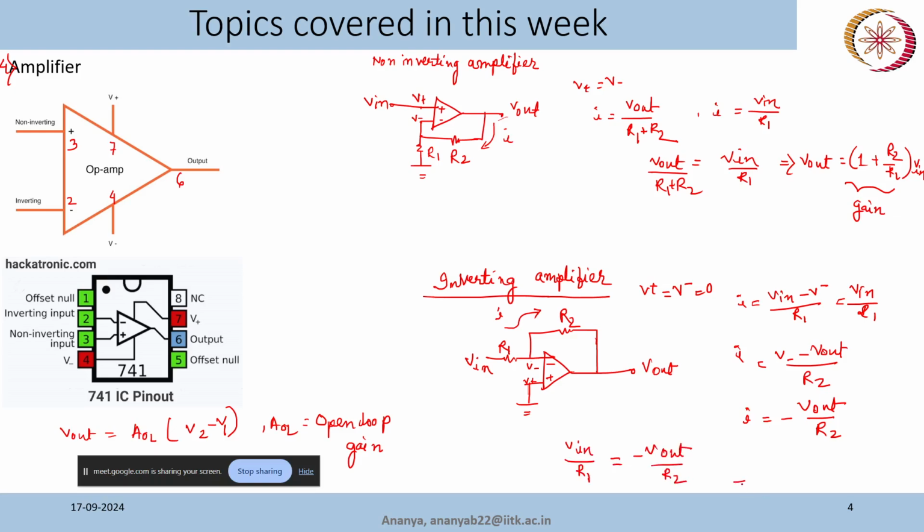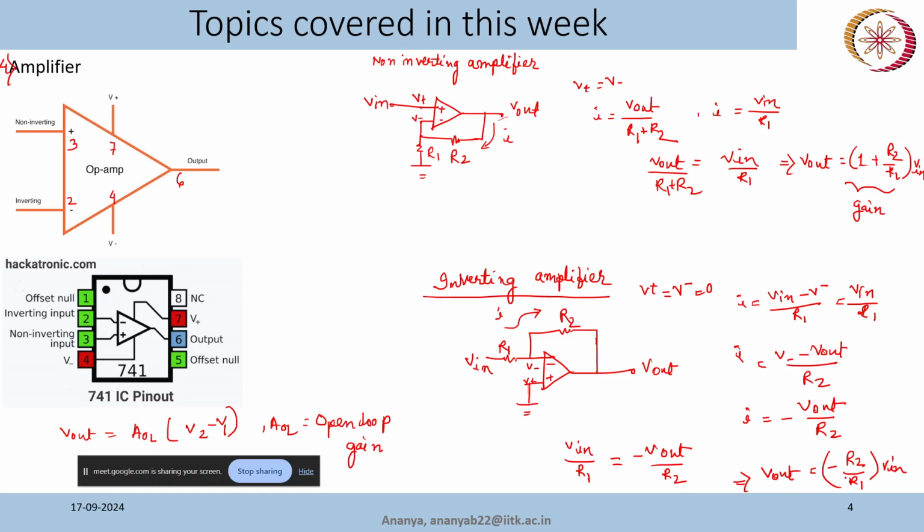So V out is equal to minus R2 by R1 into V in. So in this case gain is equal to minus R2 by R1, and because we are applying our signal to the inverting terminal, our gain is this.